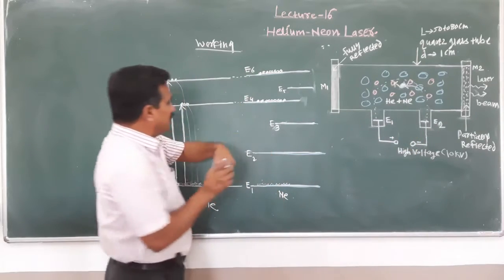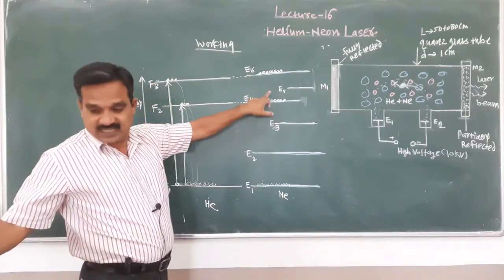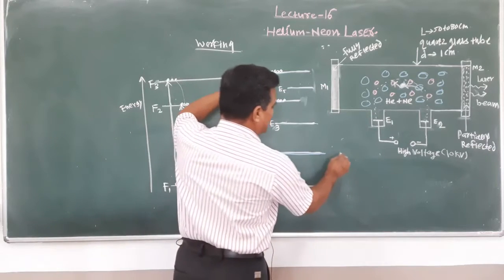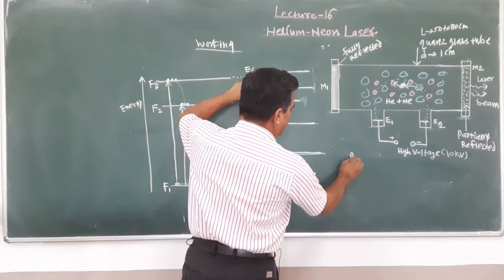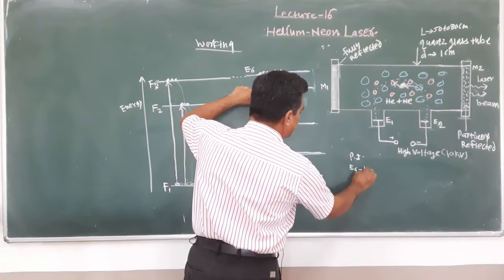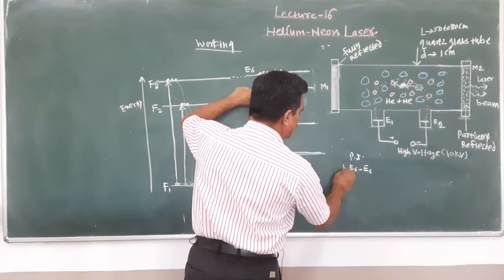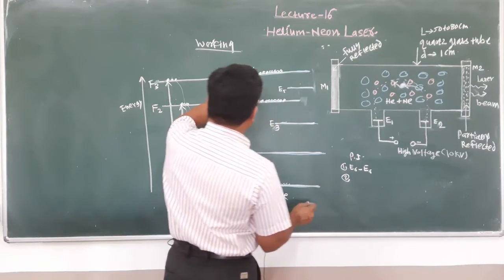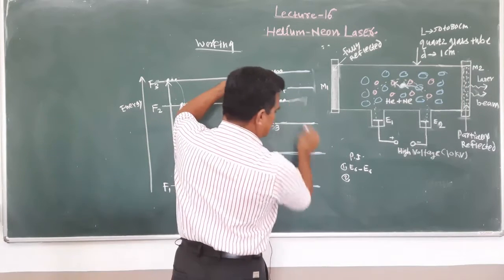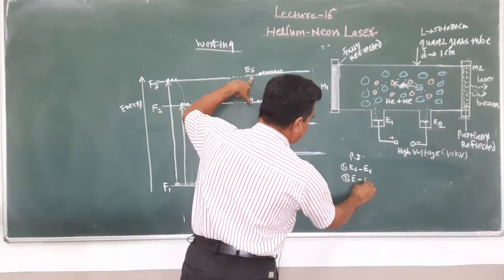Population inversion occurs between E6 and E5. This is the first. Population inversion occurs between E6 and E3.